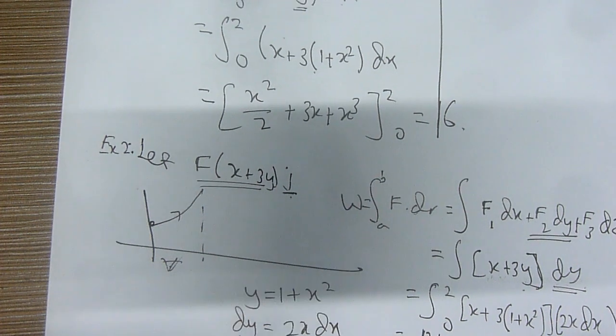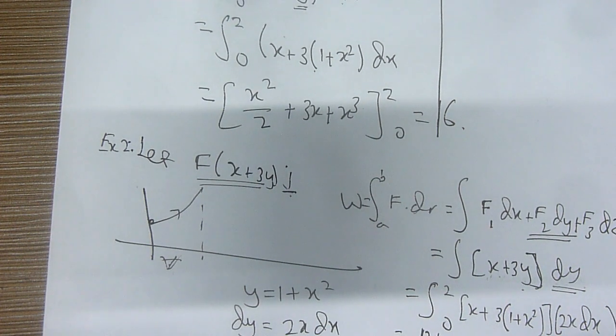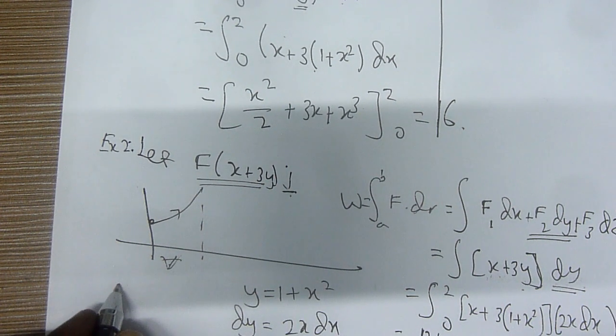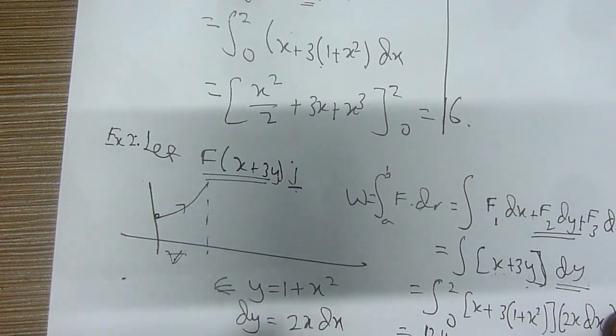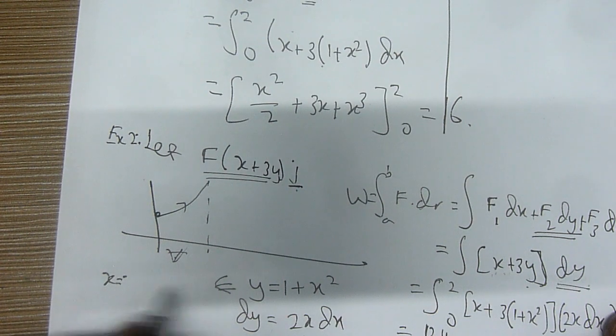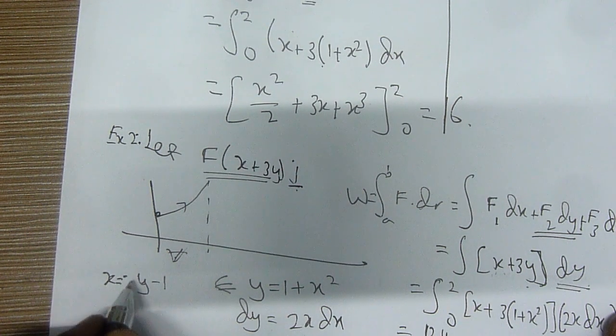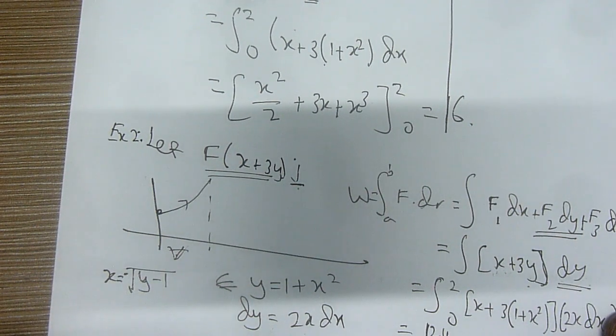Basically you can see when I change it like this, if I change it to x, it becomes a little bit complex. y minus 1, I get a square root, which is not good.